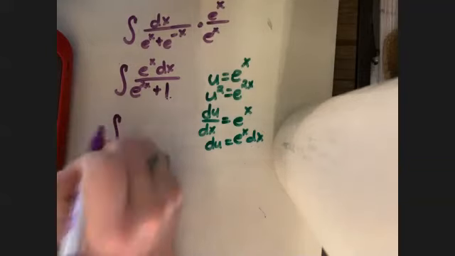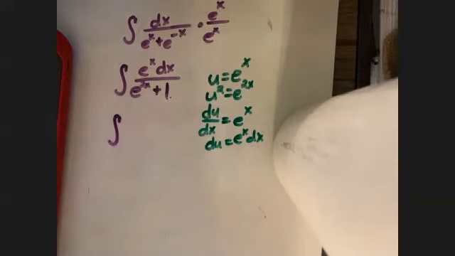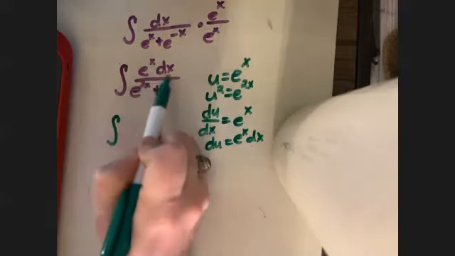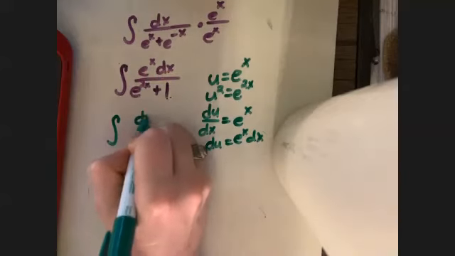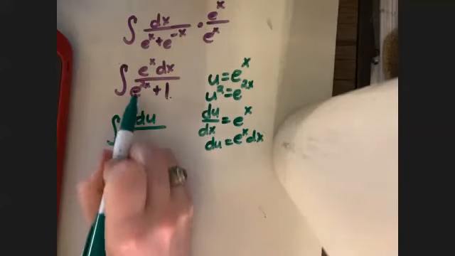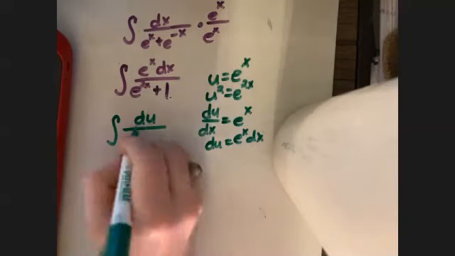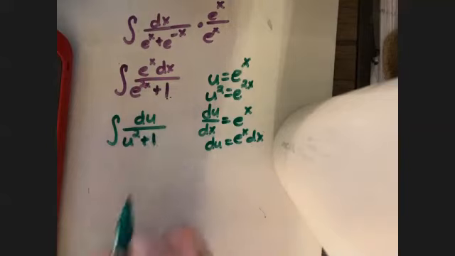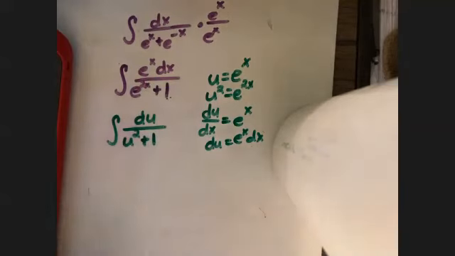So let's talk about what this thing is. Let's look at parts. e to the x dx, we have right there, that's a du. Over e to the 2x, that is u squared plus 1. Now this is one of those trig back things that we had the little chart for, our little inverse trig things.